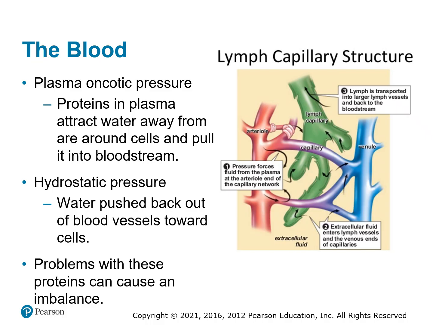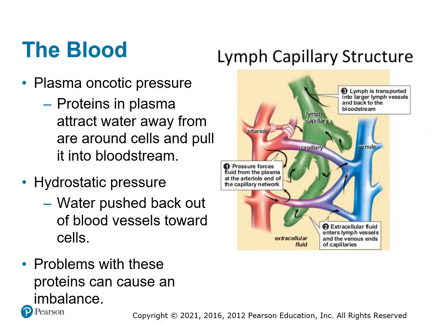So, the blood needs to be flowing through all of the vessels, and there has to be a little bit of pressure in there. They call it oncotic pressure, in order for the molecules to pass back and forth. So the proteins in the plasma will attract water away from around the cells and pull it into the bloodstream.